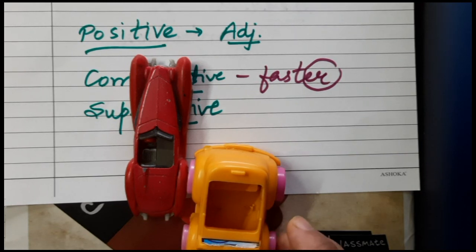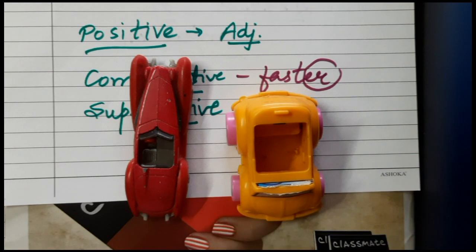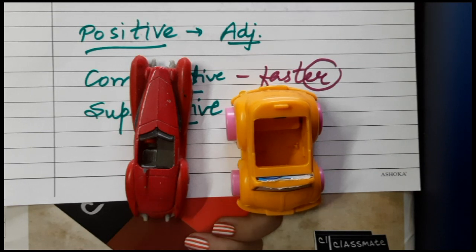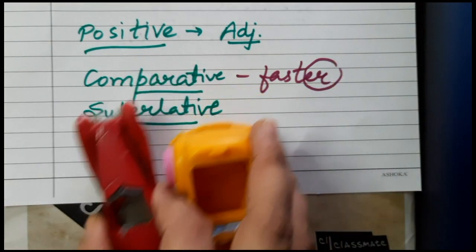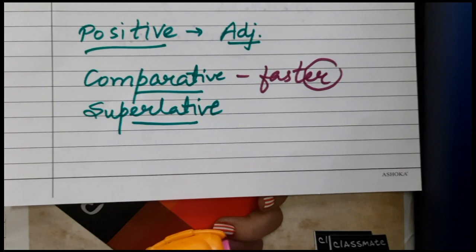Now listen to the question again. I am asking you, which of these two cars is faster? How will you answer? You can say, ma'am, this is faster. Good. But what if I am not showing you the objects? Now I am just asking you, which of the two cars is faster, the sports car or a normal car? Then how will you answer?